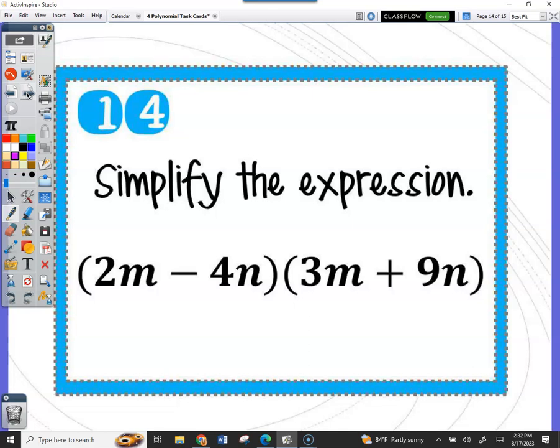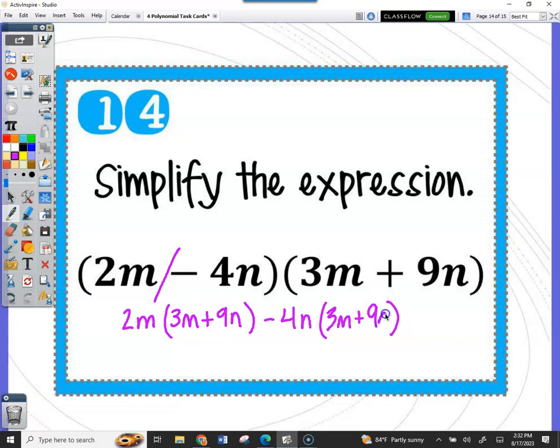A binomial times a binomial. Okay, so we're going to split, repeat, or do a 2 by 2 box, right? I'm going to split, beep, repeat, beep. I've got 3m plus 9n. All right.